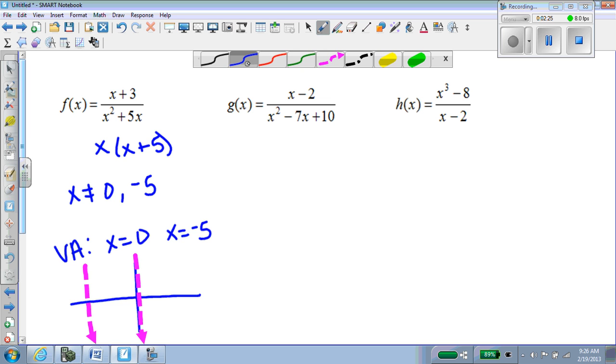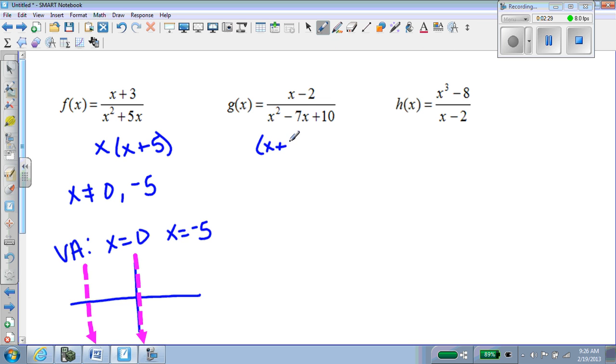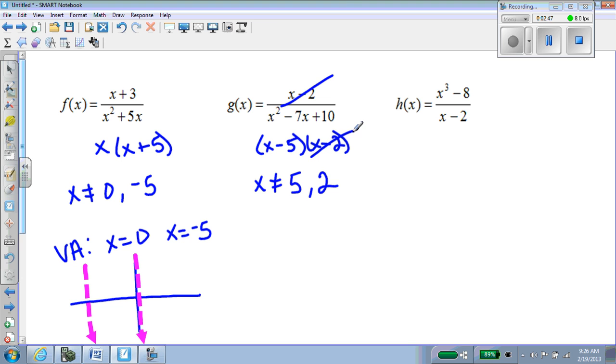a vertical asymptote at x equals 0 and a vertical asymptote somewhere back here at x equals negative 5. Okay. So let's factor this one. This one would be x plus, nope, pardon me, x minus 5, x minus 2. So the domain restrictions, x cannot be 5 or 2, but the x minus 2 will cancel out.